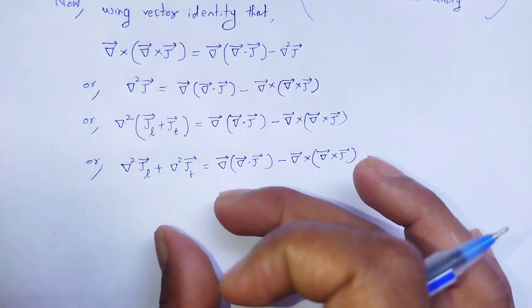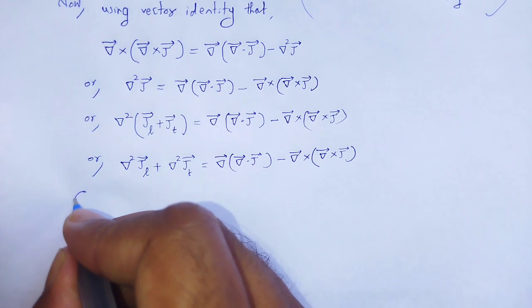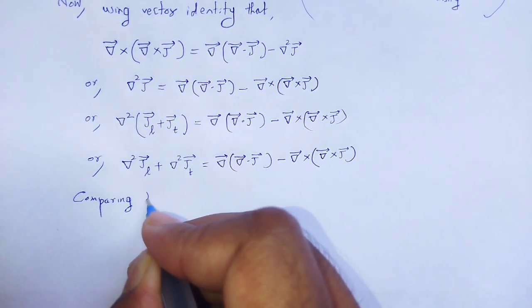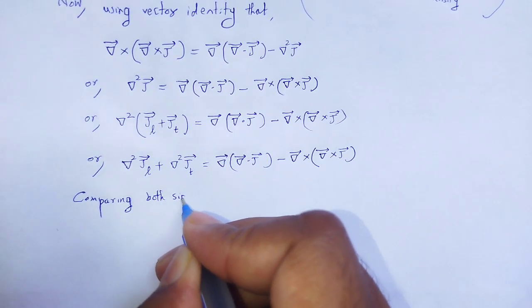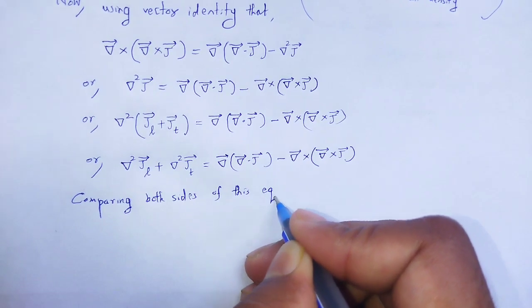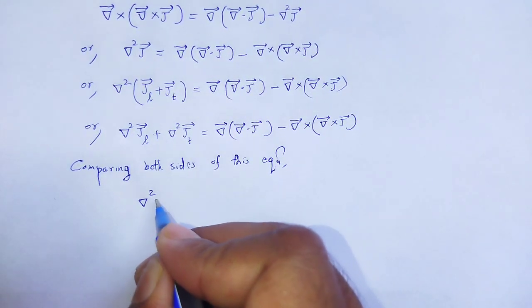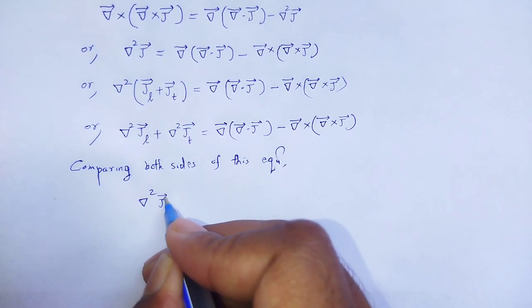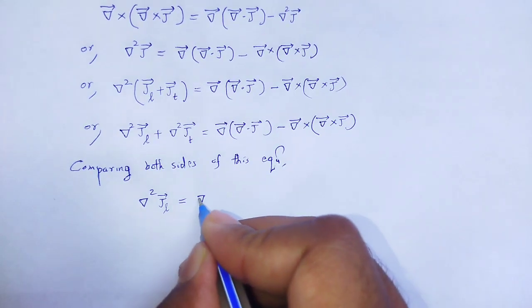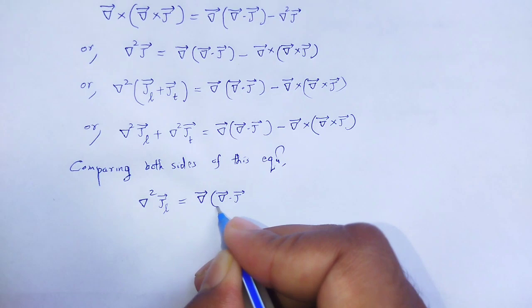Now, comparing both sides of this equation, grad square j longitudinal component is equal to grad of grad dot j.